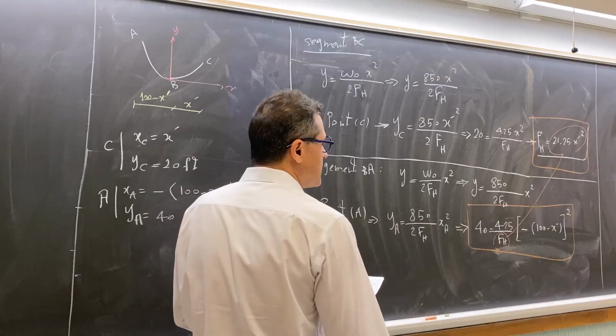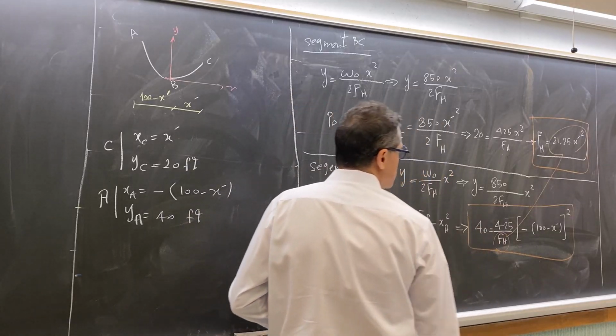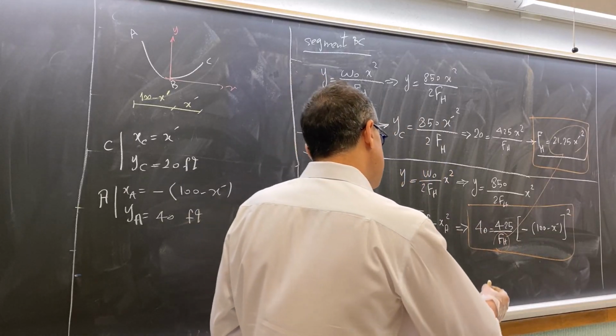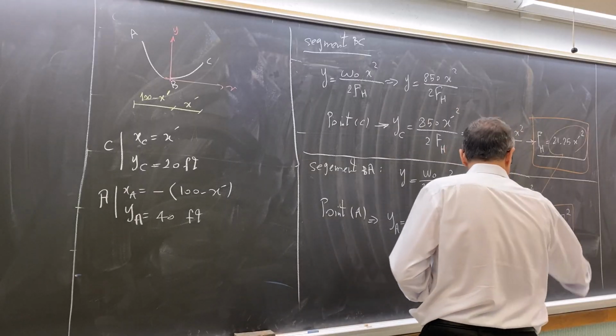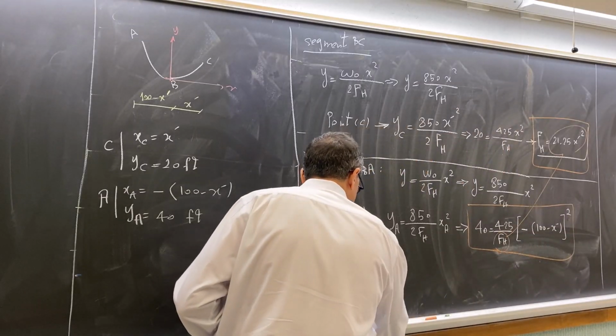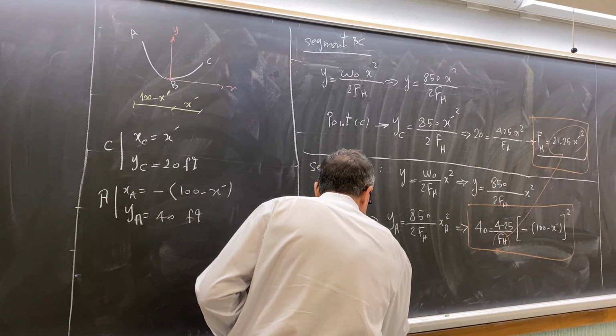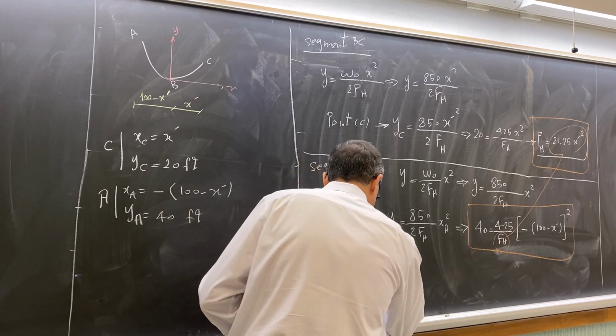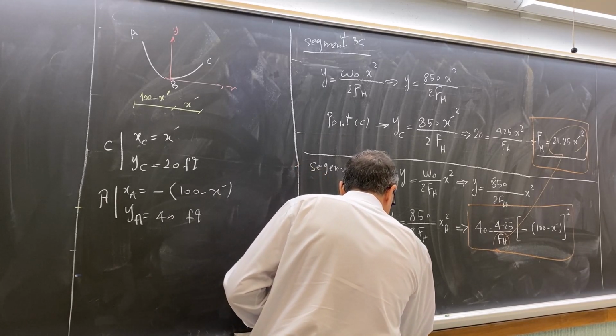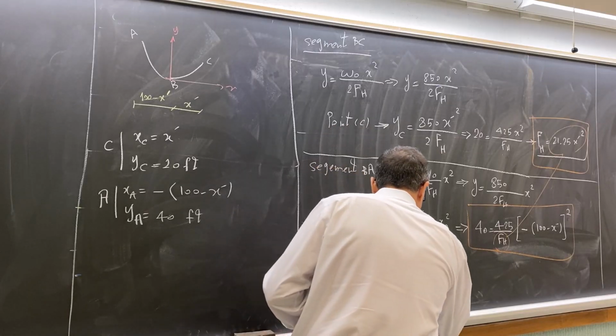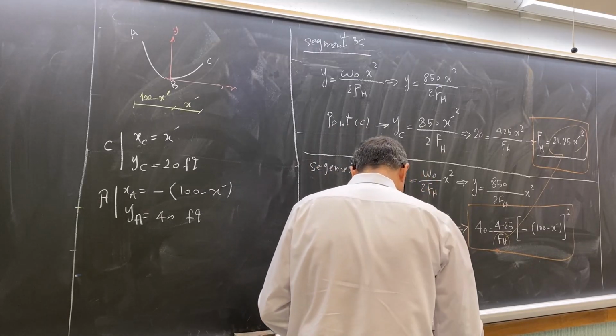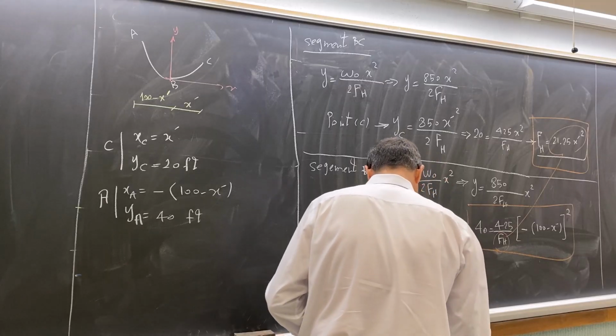So once you replace it, you have just one equation here. But the problem is that equation is a parabolic equation. So you end up with this equation, x prime squared plus 200 x prime minus 1000 is equal to 0.